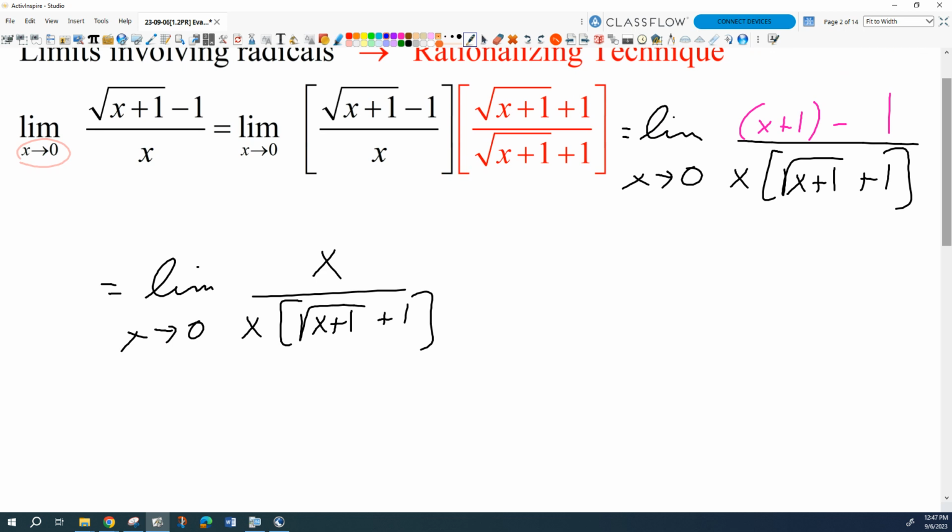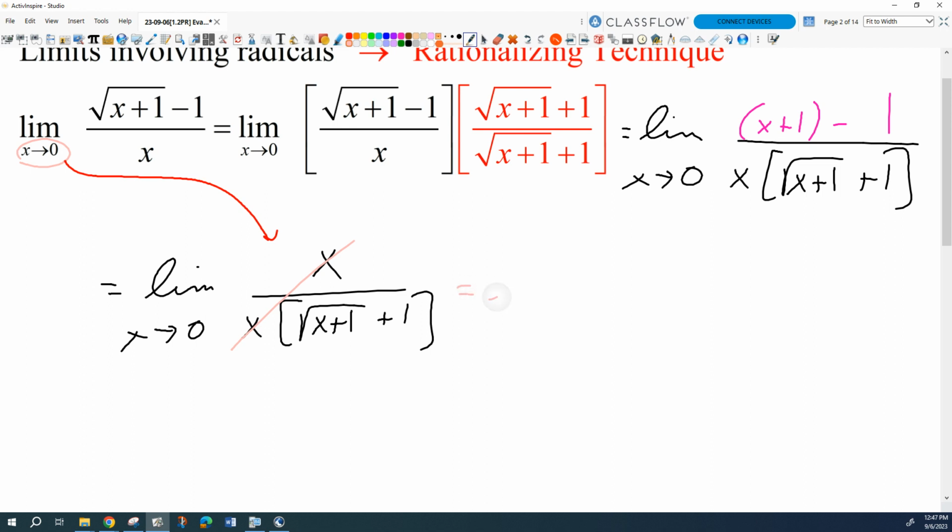So we already knew somewhere in our future, at the very beginning of this problem, we were going to be canceling x's on the top and bottom, and here's where we do it, right there. We just had to algebraically massage that argument until we got there. Now we get a limit that is no longer indeterminate because we canceled the factors that were causing the indeterminacy, that were giving us the 0 on the top and the bottom.